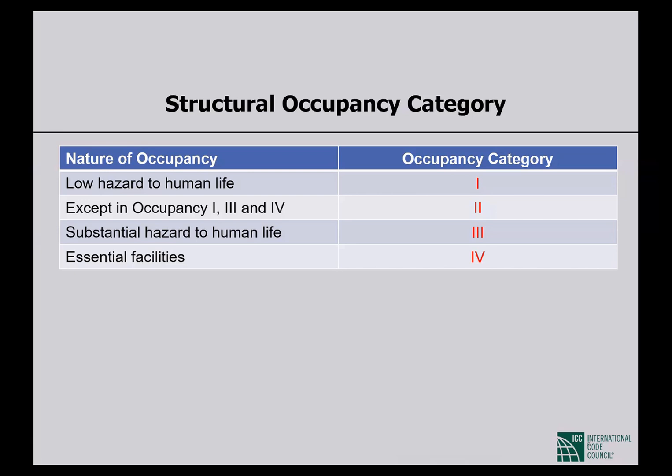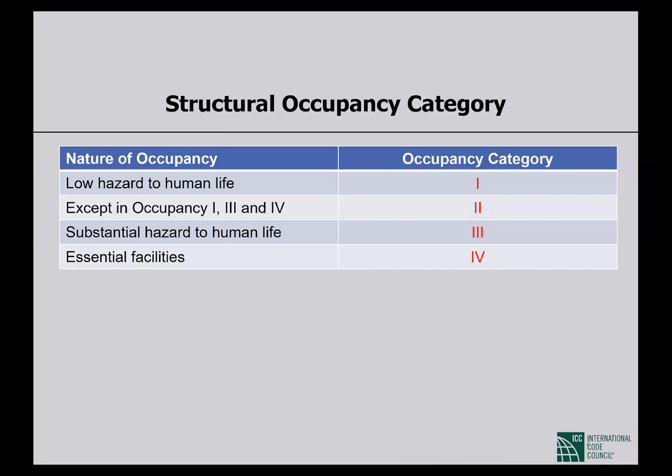The fourth category is essential facilities. That is, in the event of a disaster, like if an earthquake happens or a flood disaster happens, the buildings that we need to be operational for the purpose of emergency response.